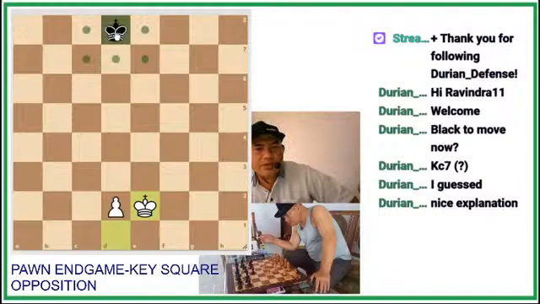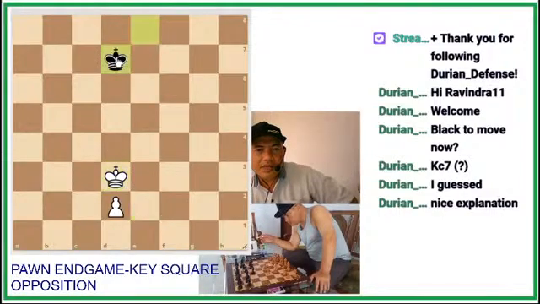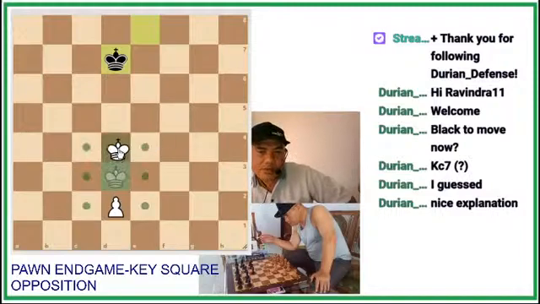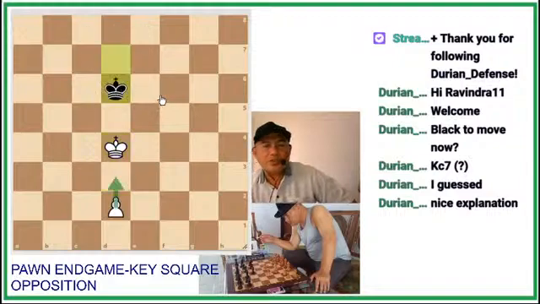For example, it goes like this, and the best way for black is to go here by doing the distant opposition. This is 5 squares in between. White can go here, then black can have the opposition. This is 3 squares, still the opposition, and then white goes here, and black has the opposition.